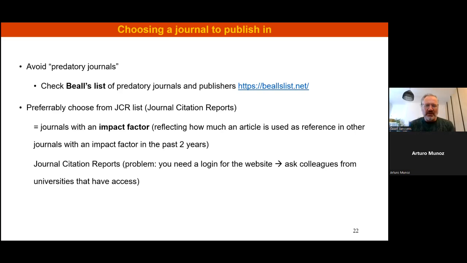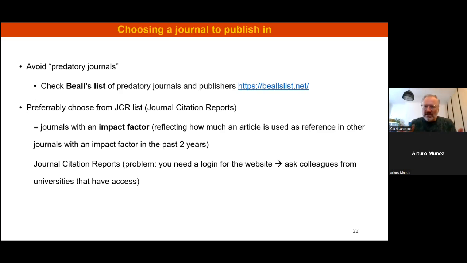Just to give you an example, if you publish an article today in 2022, and you look in 2024 and you see that your paper has been referred to 3 times, then your paper has an impact factor of 3. So you understand that a higher impact factor is a kind of assessment of how important something is, how important a journal is, how important an article is.